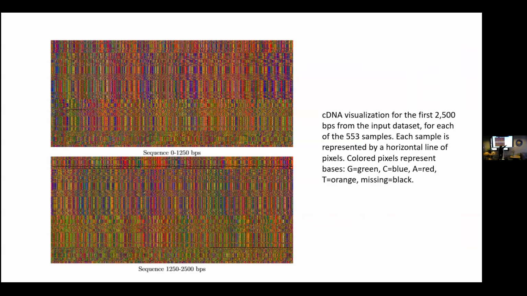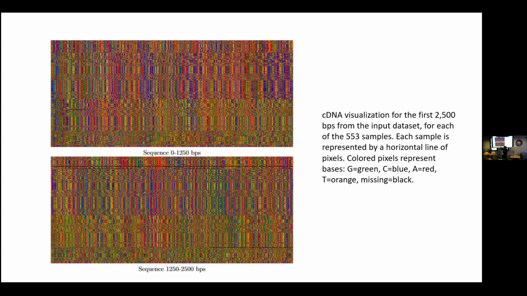We only have technically 4 colors, but the combination, because the pixels are next to each other, is going to compress it. These are only the sequences from 0 to 1,250 base pairs, and this is from 1,250 to 2,500. It's less than 10% of the genetic material of SARS-CoV-2. This is how it looks.